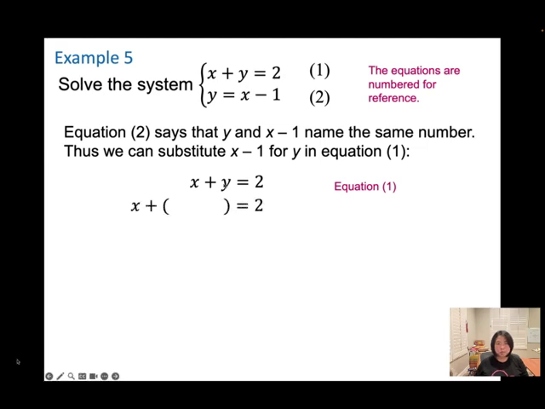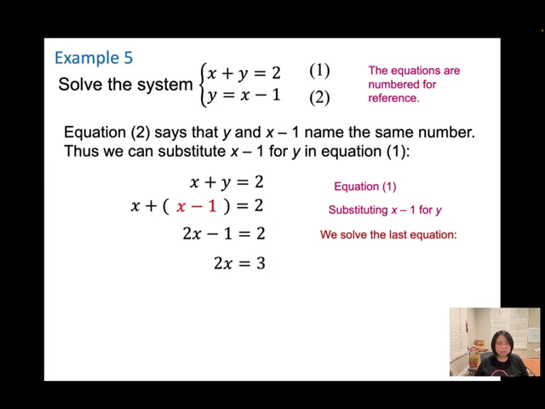Your y will be equal to x minus 1. And now we only have one variable for this equation, so we're going to solve for x. You're going to get x equal to 3 over 2. Once you're done, plug back into equation 2 and solve for your y here.